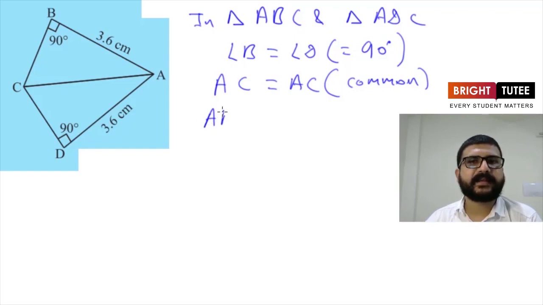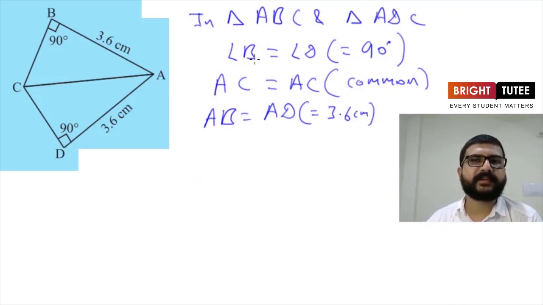So we can write AB is equal to AD. They both are equal to 3.6 centimeters. So now we have right angles equal, hypotenuses equal, and one of the side lengths other than the hypotenuse also equal. So we can directly use the RHS criteria.